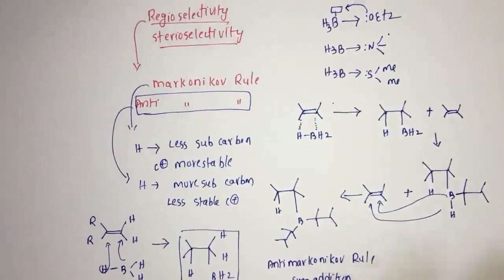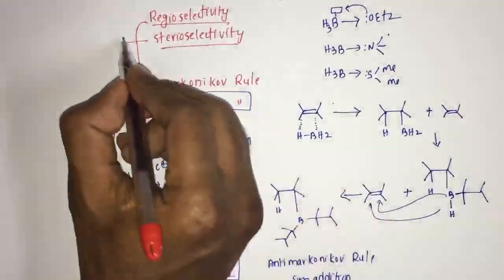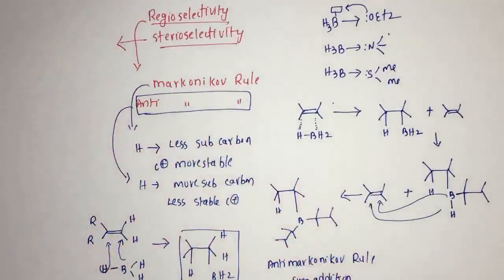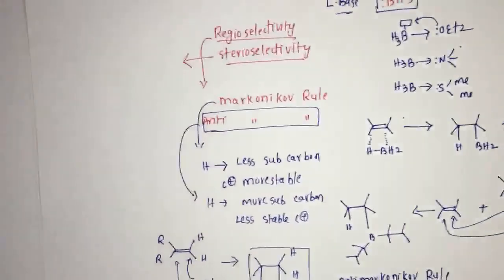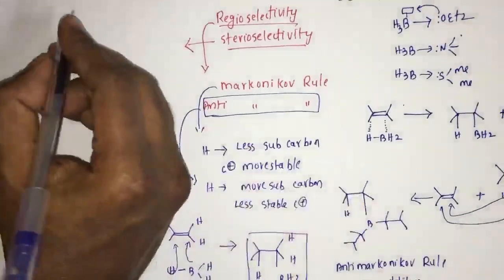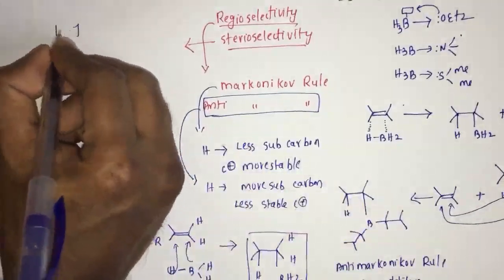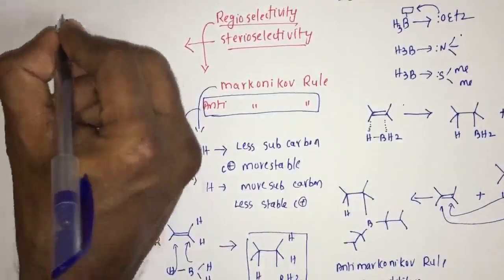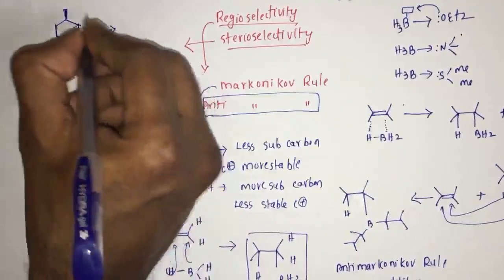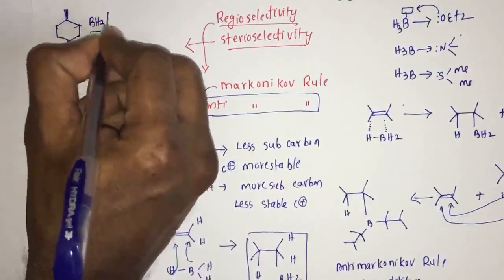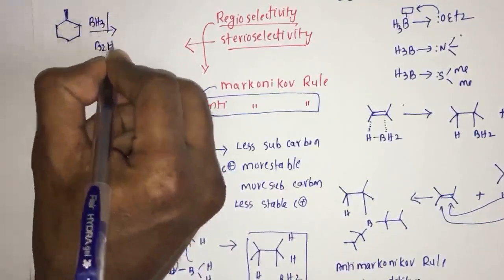Coming to stereoselectivity, let's take this example. Here we have BH3 and B2H6.